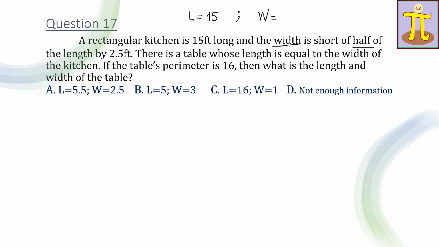So half of the length is L over 2, and shorter by 2.5, so subtract 2.5. Half is divided by 2 of the length, and then short by 2.5 feet.